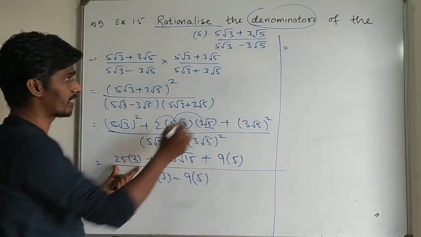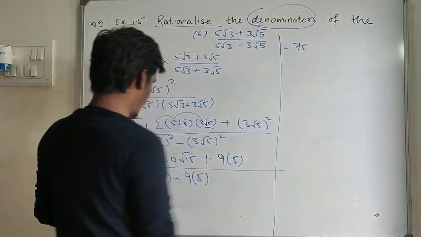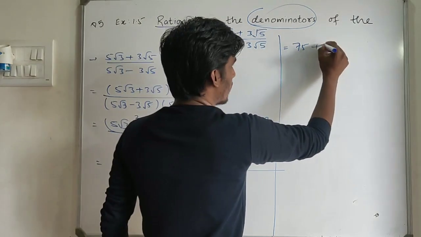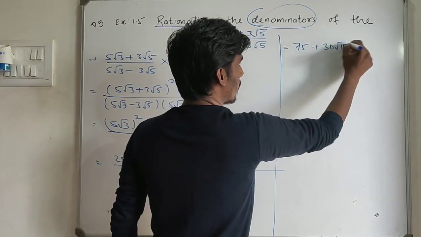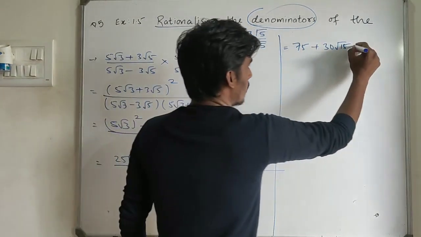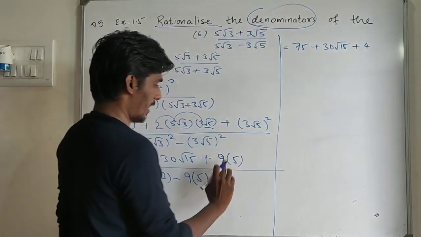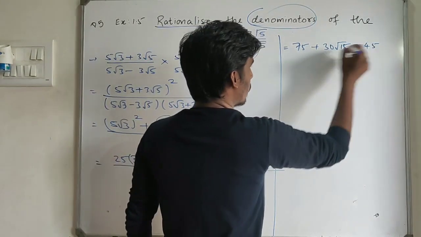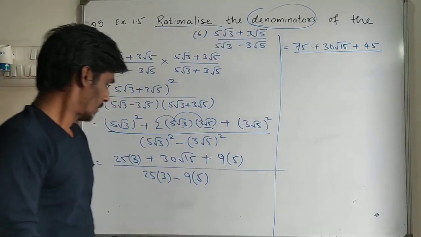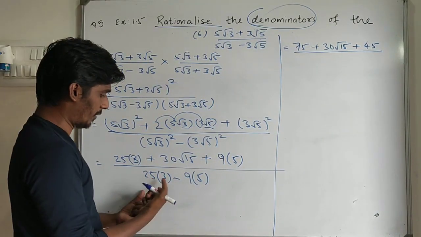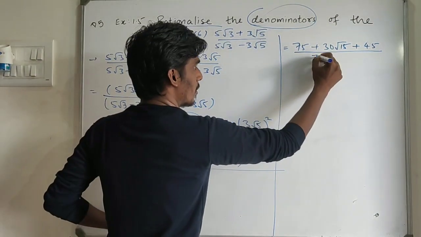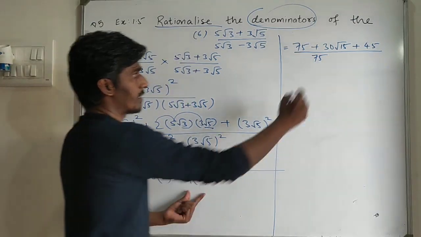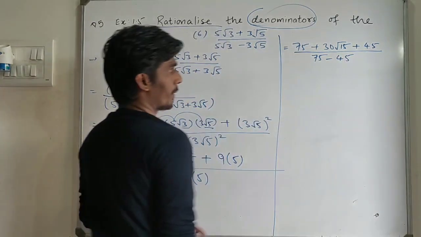Here first one 25 3s are 75 plus 30 root 15 plus 9 5s are 45. In denominator is 25 3s are 75, 9 5s are 45.